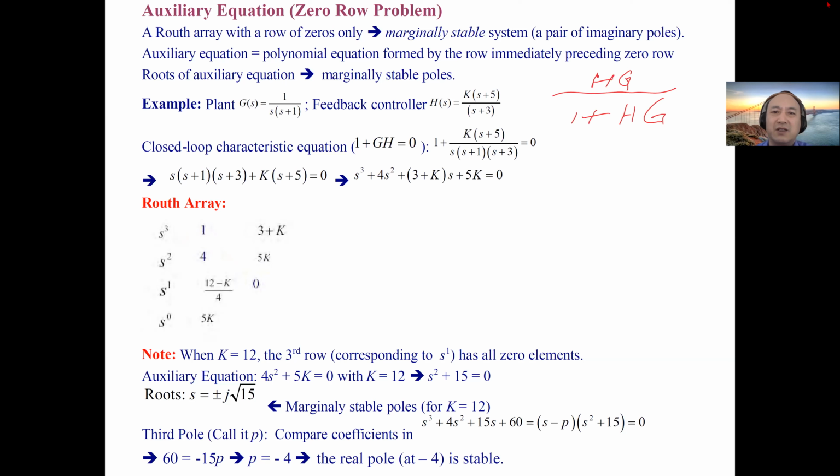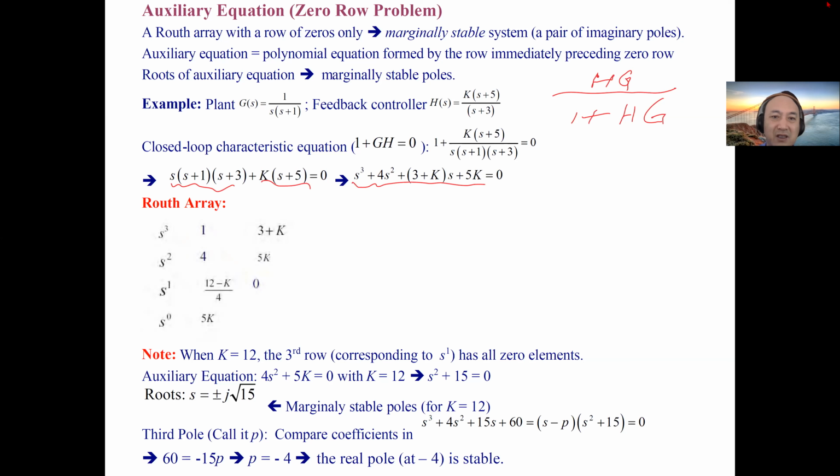Then you cancel this one, so what's left is this one plus this one. You arrange the terms, you end up with this one. So in fact, it's difficult for you to answer the question, what's the range of k such that the closed loop system is stable? That's why the Routh table method is very useful. So in this case, we can do this.